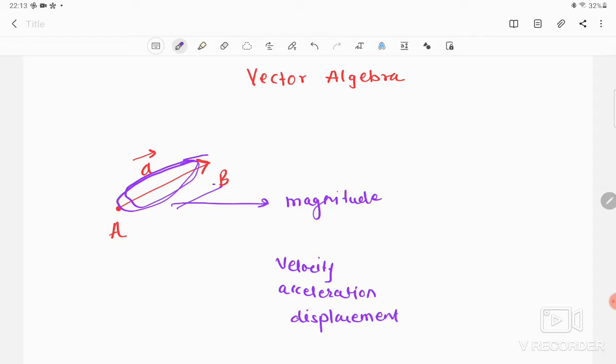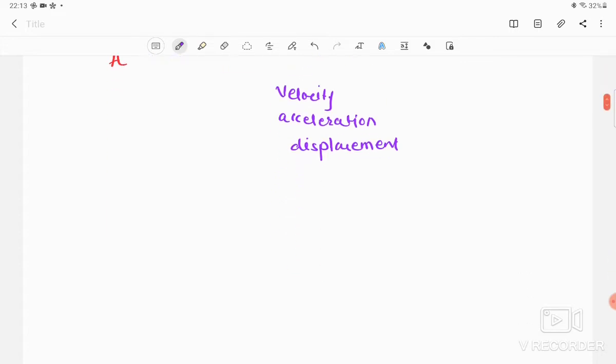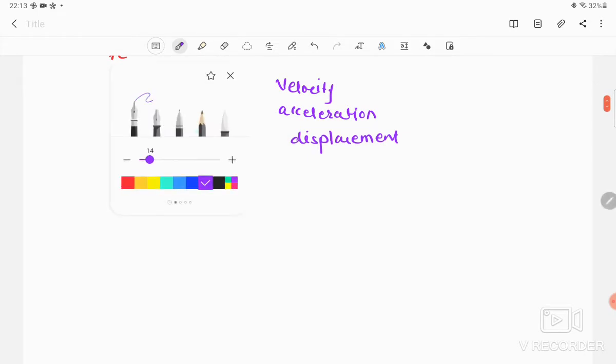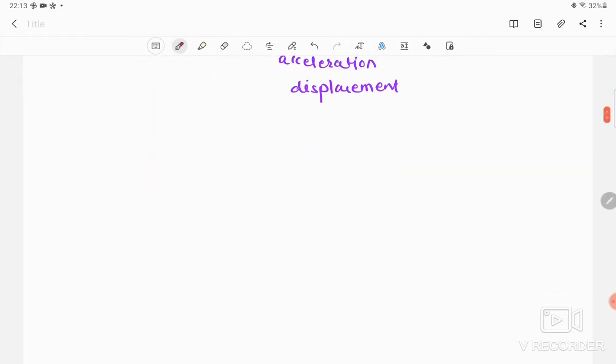Okay, as I told you and as I drew the representation of a vector, we simply use an arrow to represent the vector. This is point A, this is point B, and this is A bar, right?